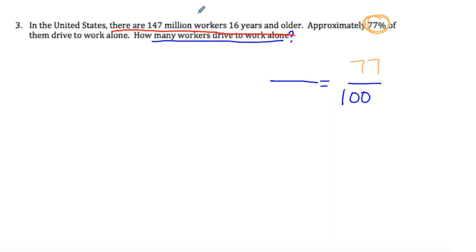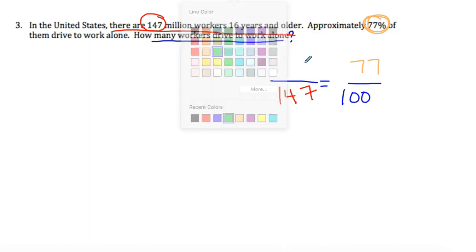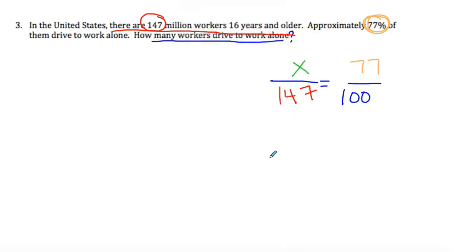It's not telling me a specific of them that drive alone. Okay, this is all of them that drive to work, that ride the bus to work, that bike to work. Total, there are 147 million workers who are 16 years or older. So I'm going to put my total here, and when I know what I'm solving for, I'm going to put an X in that spot. So now that I have my proportion set up, we go ahead and cross multiply. 100 times X is 100X.